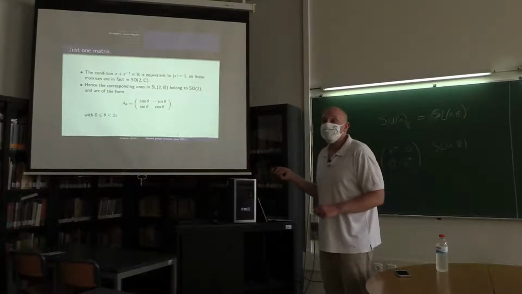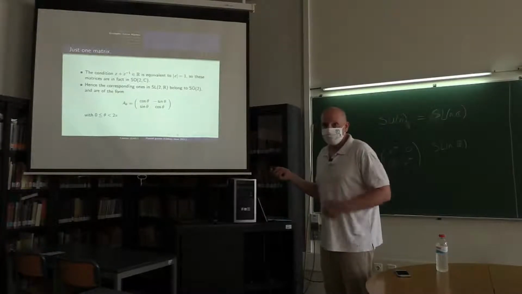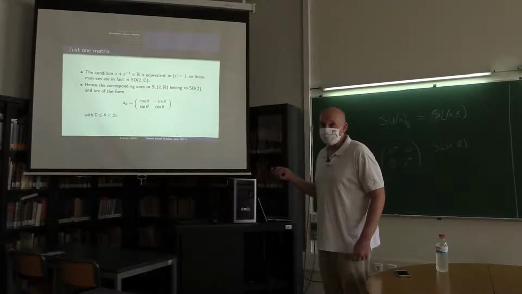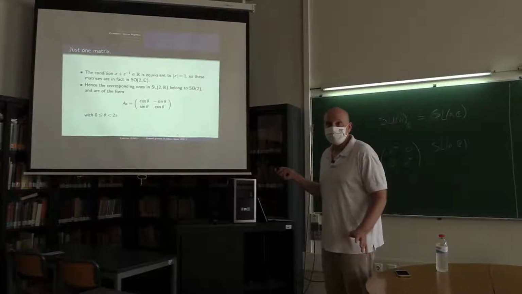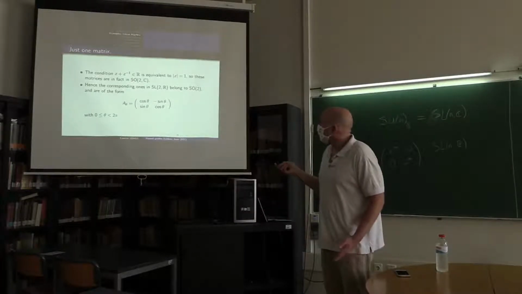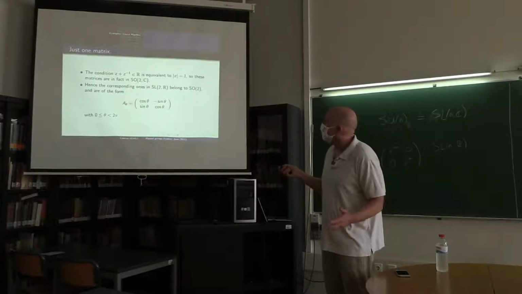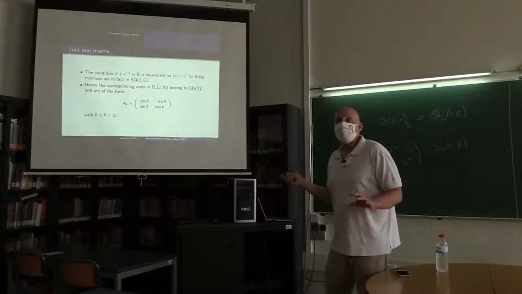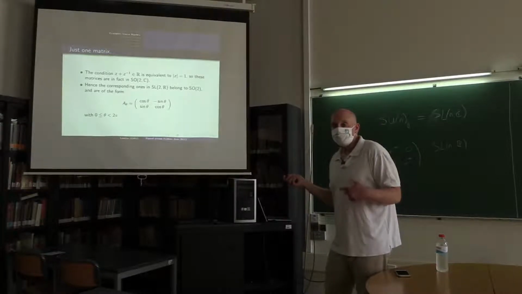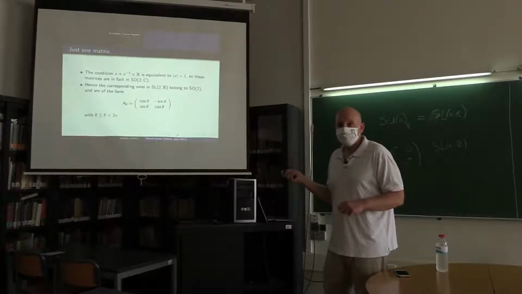The trace doesn't see this difference, this involution switching the minus sign on the anti-diagonal. So these two matrices, the one with -1 here and 1 there, with the same thetas, are not equivalent under SL2R conjugation.